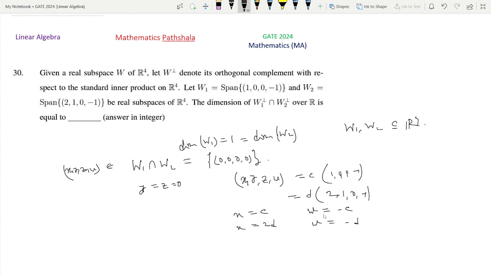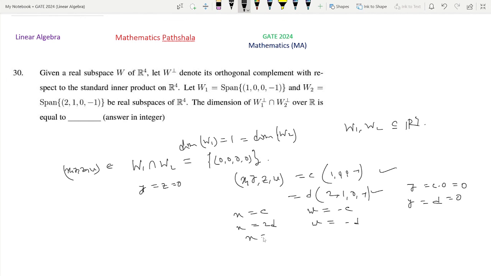Also, as y and z are 0, equating y equal to c into 0, this is already 0. From the other one, equating y equal to d, and also y equal to 0, we get d equal to 0.